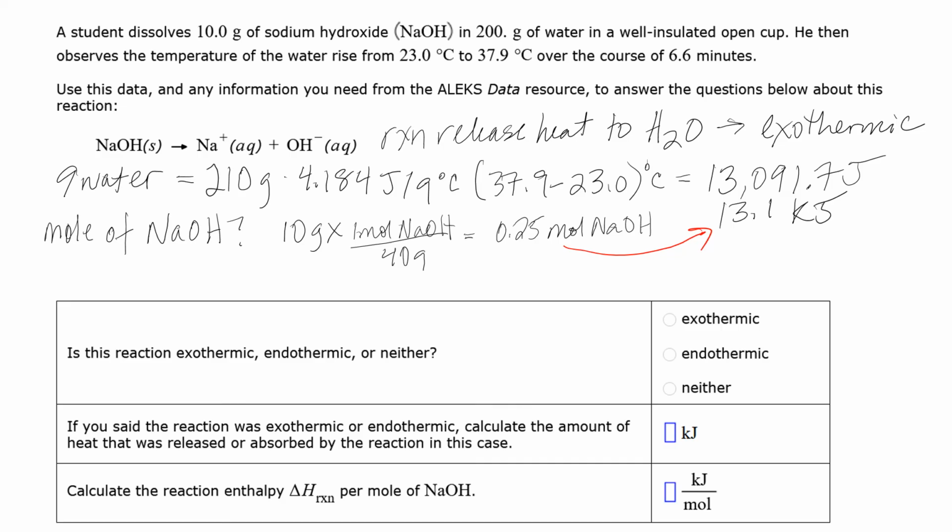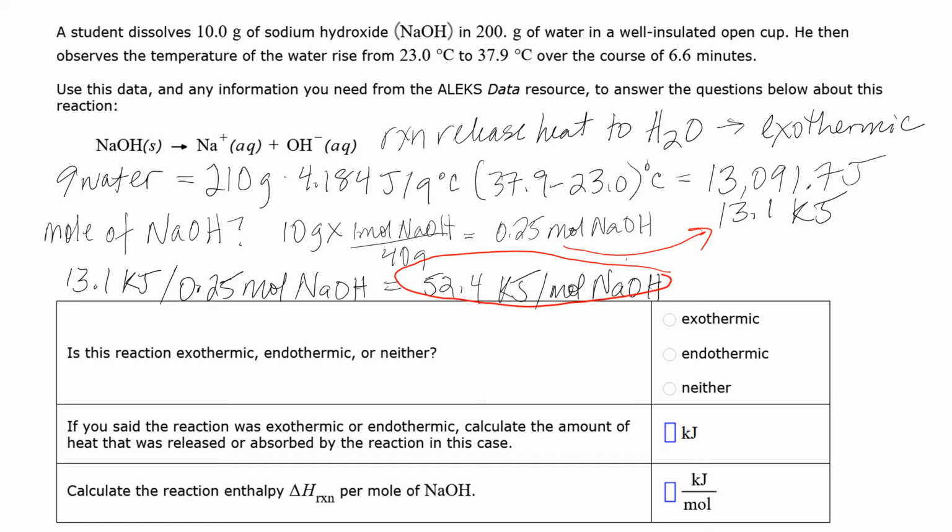So, in order to get at the per molar basis, all you have to do is take the 13.1 kilojoules of heat, divide by the 0.25 moles of NaOH, and this will give you the per mole basis. 52.4 kilojoules per mole of NaOH.